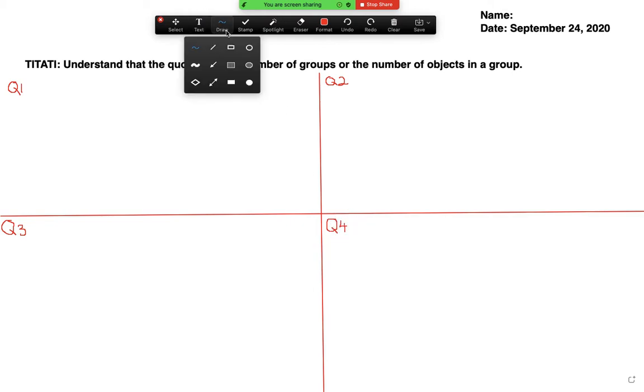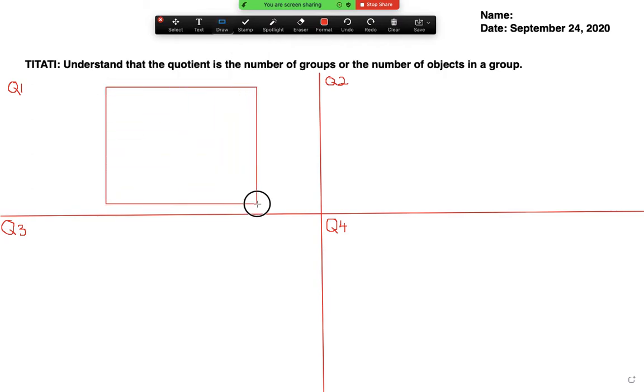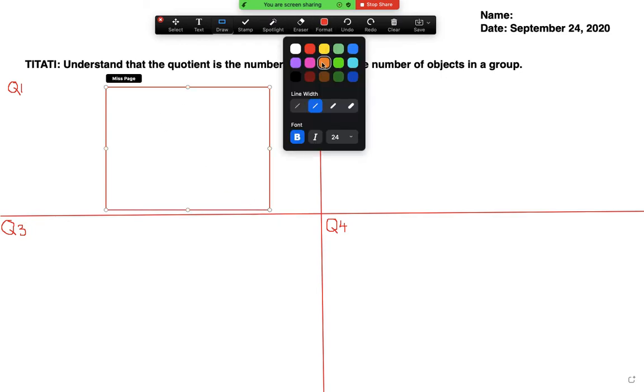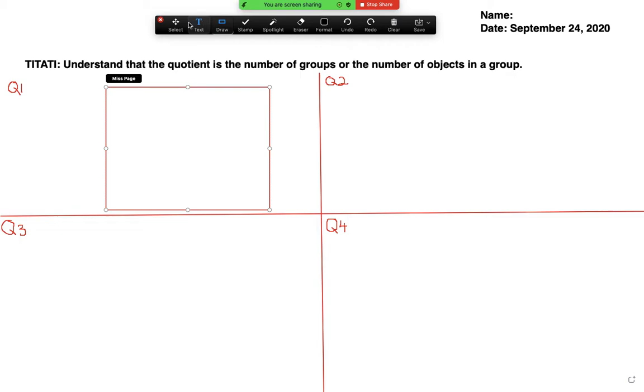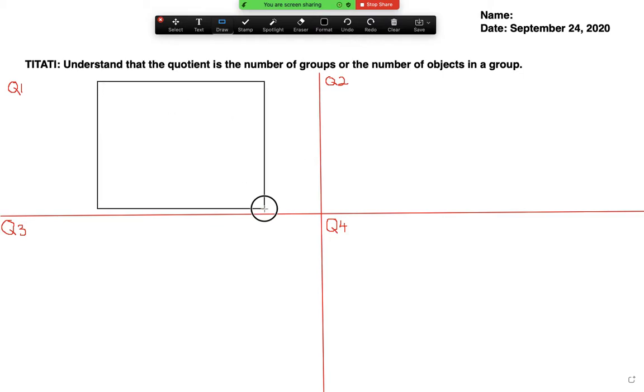Go ahead and put your post-it note in quadrant 1, opening it up like a book. If you don't have a post-it note, you just do the same thing as I'm doing. I'm going to give you a little bit of time to get caught up there.